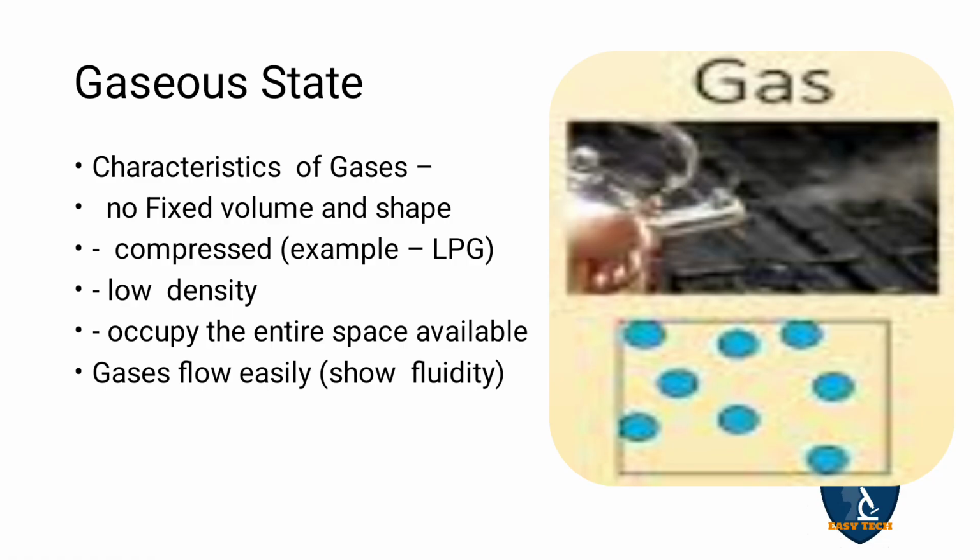And it has very low density. So high density is seen in solids, moderate density in liquids, and very low density in gases. Because of low density, the gas occupies the space. The entire area can be occupied, whatever space is available, the gas will occupy throughout it.